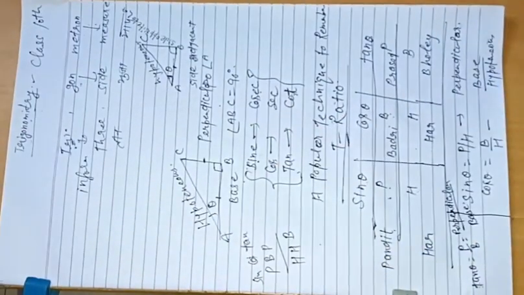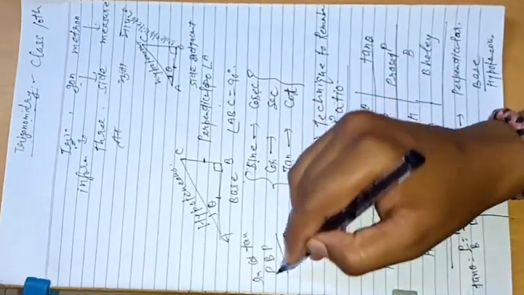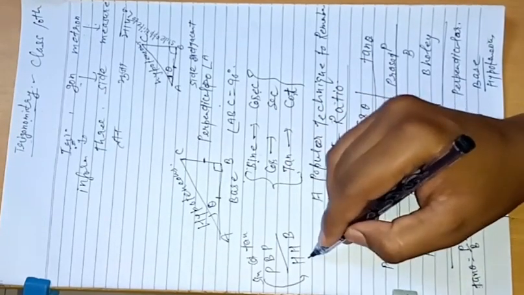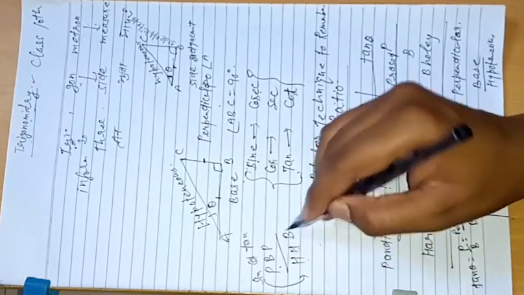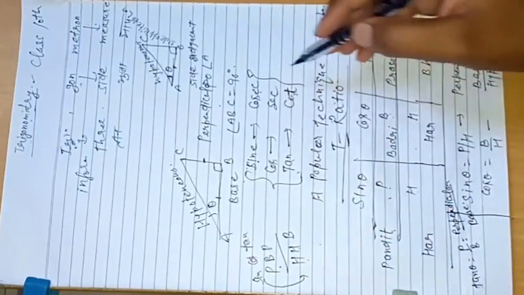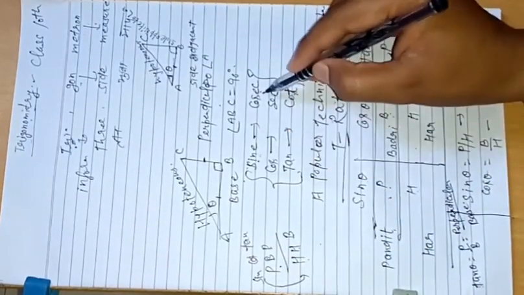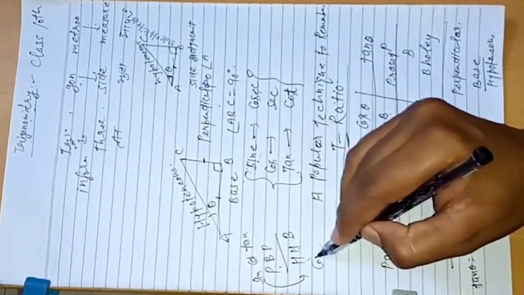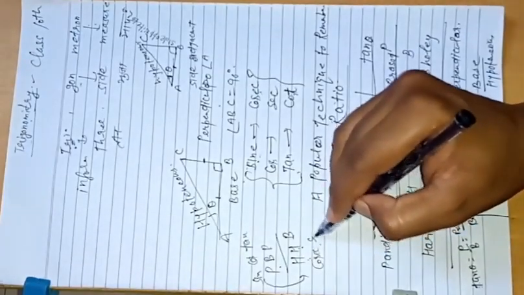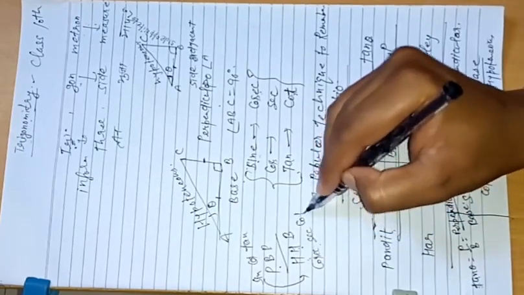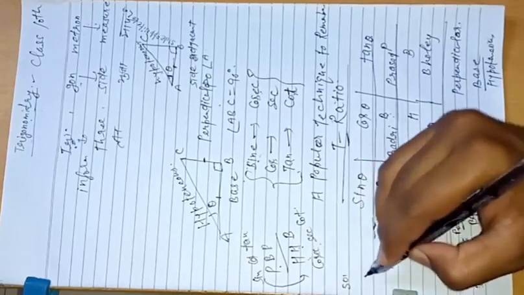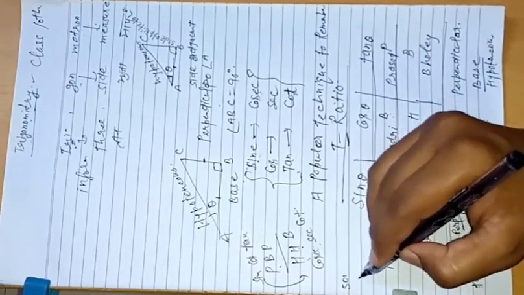And also the reciprocals of these are H by P, H by B, B by P. The reciprocal of sine is cosec, so here we write cosec, sec and cot.